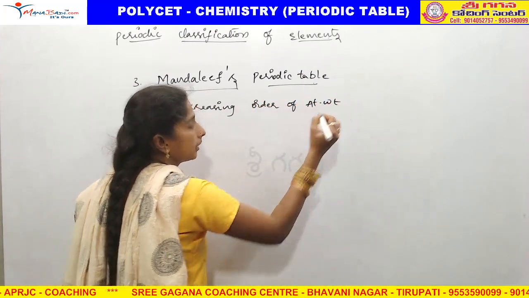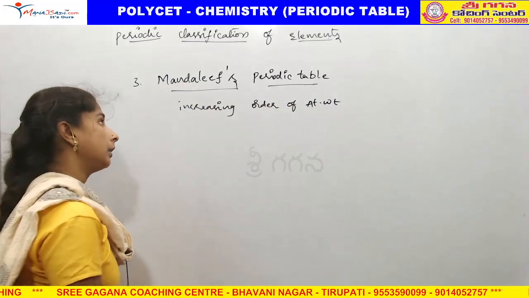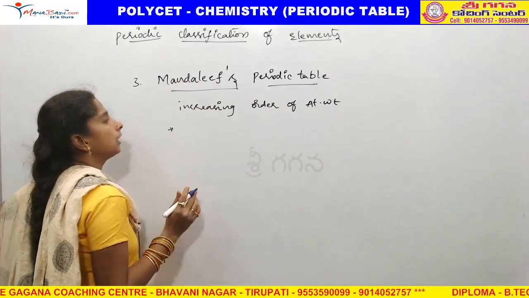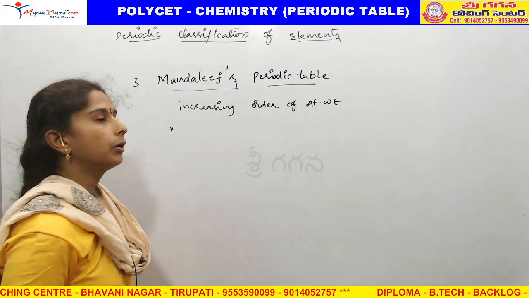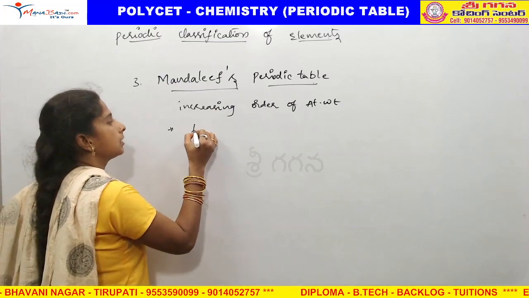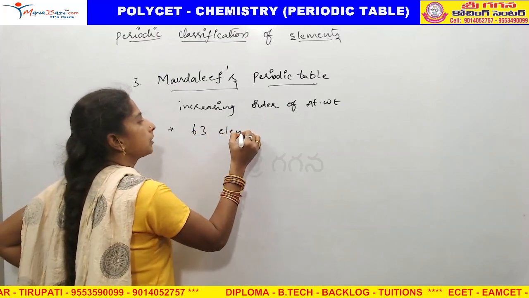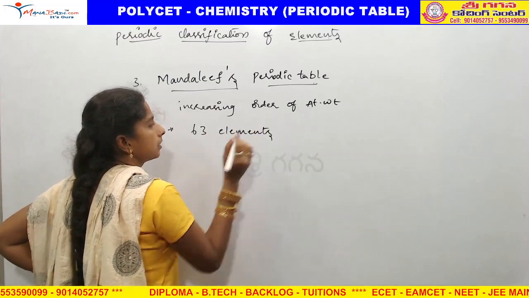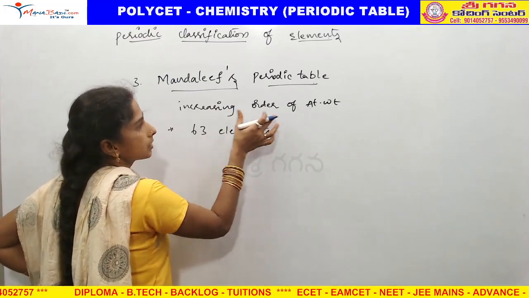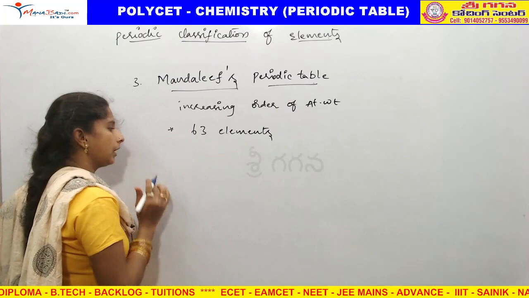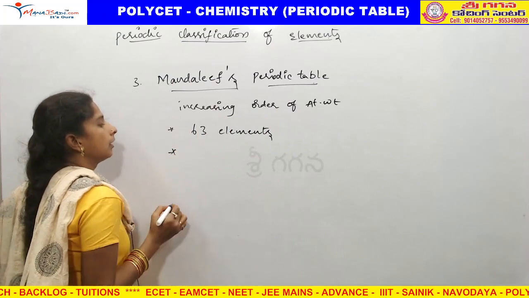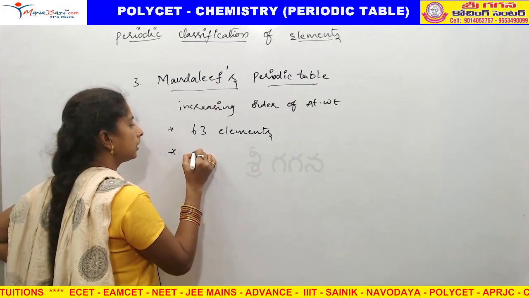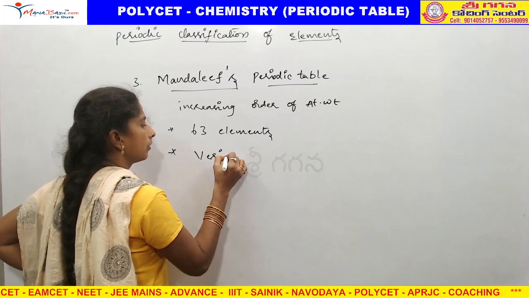At the time, 63 elements were known, and he arranged these 63 elements in increasing order of their atomic weights, in vertical columns and horizontal columns.